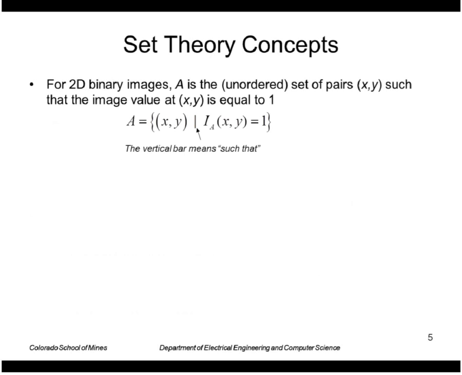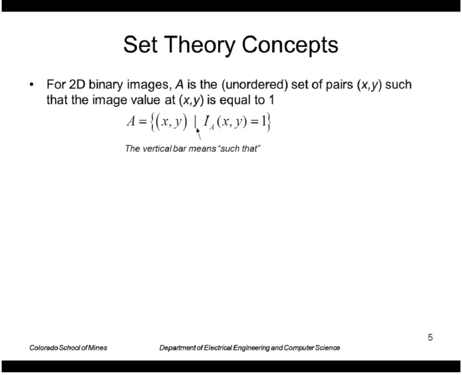So first let's look at some set theory concepts. We're going to treat our 2D binary images as a set of points, so we have XY points that make up the set like this, and we look at only those points where the image value equals 1.